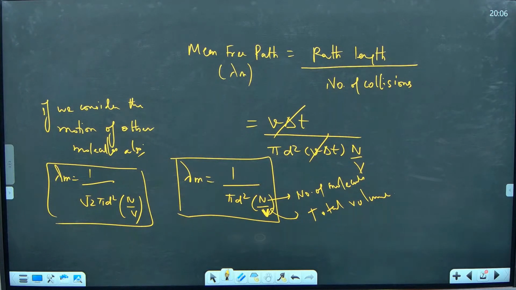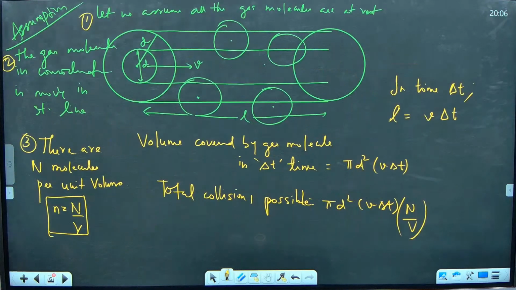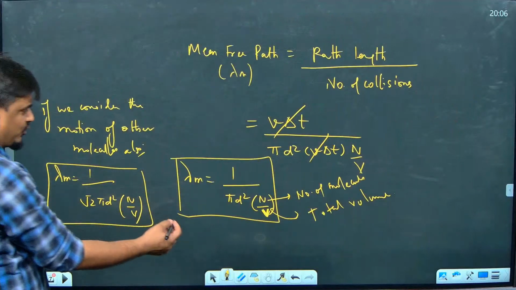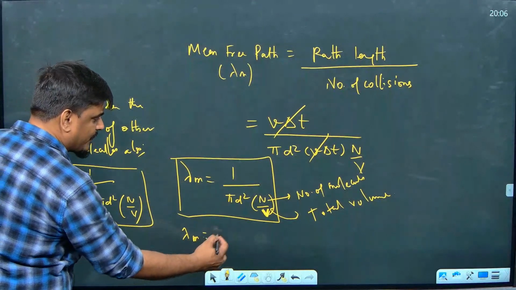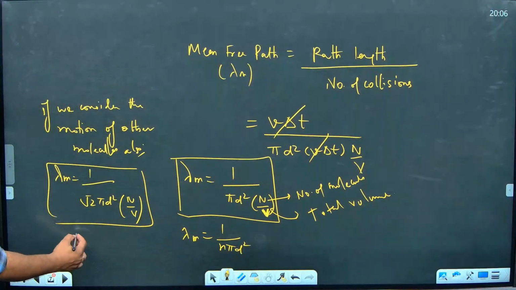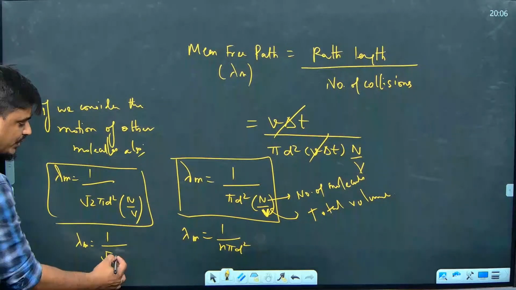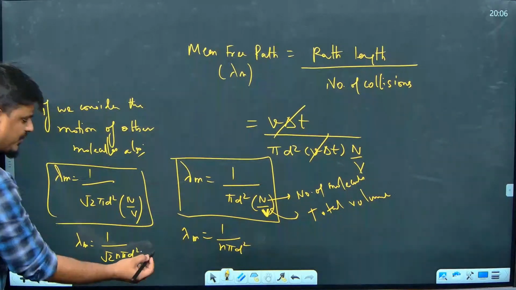That small n only is n by V. In the previous page I wrote small n is equal to N by V. If you want to replace like this, you can write lambda m is equal to 1 by n pi d square, or lambda m is equal to 1 by root 2 n pi d square. You can write like this also.